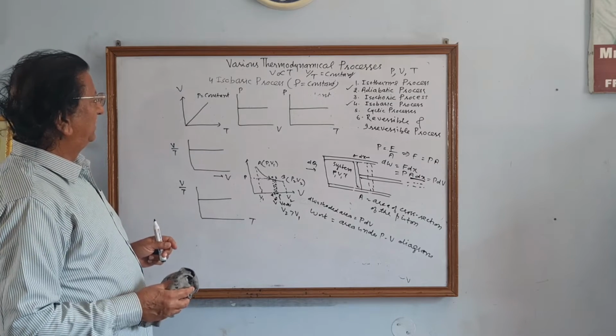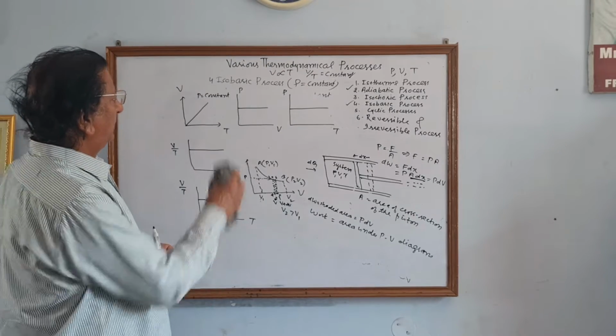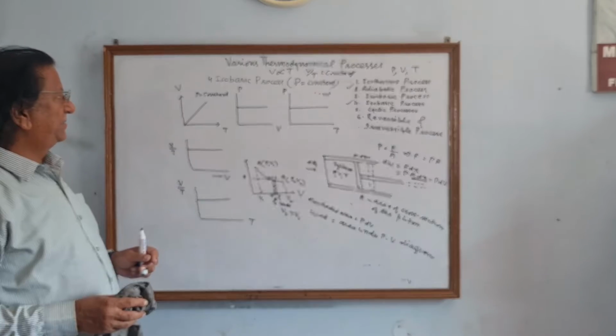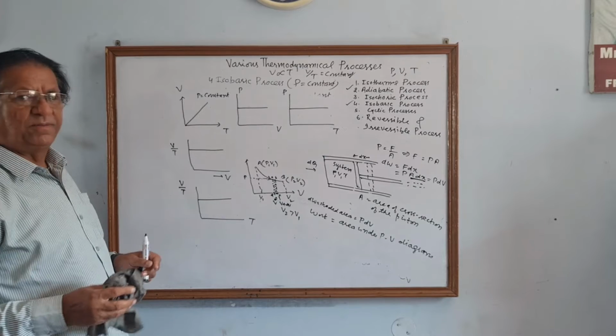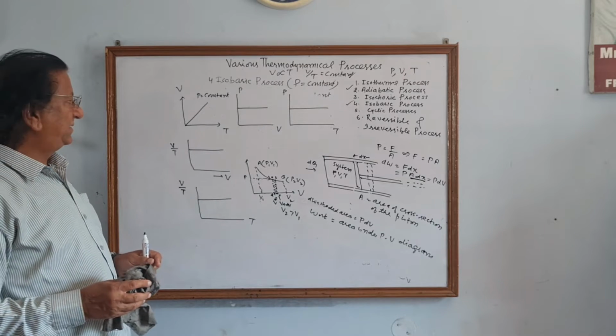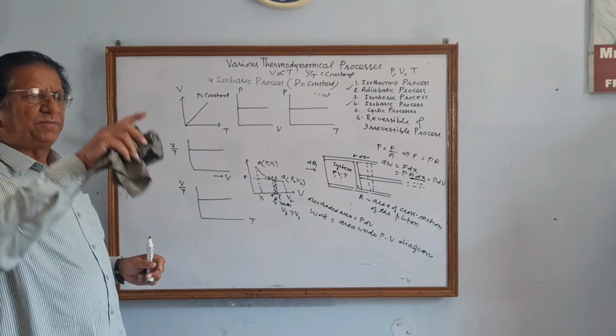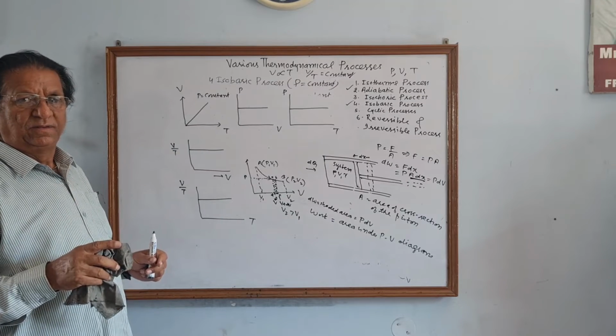So we have discussed almost 4 important processes: isothermal, adiabatic, isochoric, isobaric. Then the cyclic process. A cyclic process is a process in which the system is brought back to the initial state.